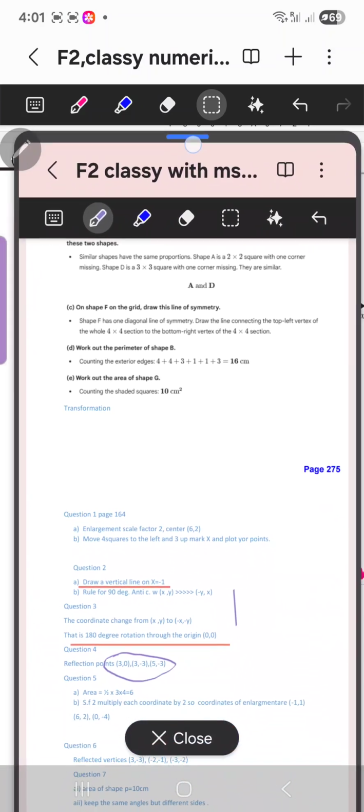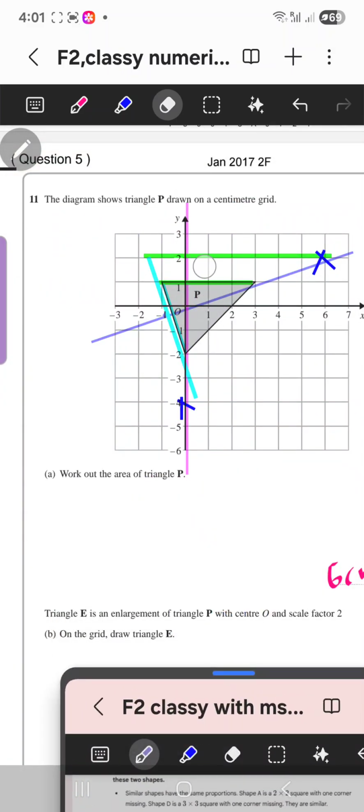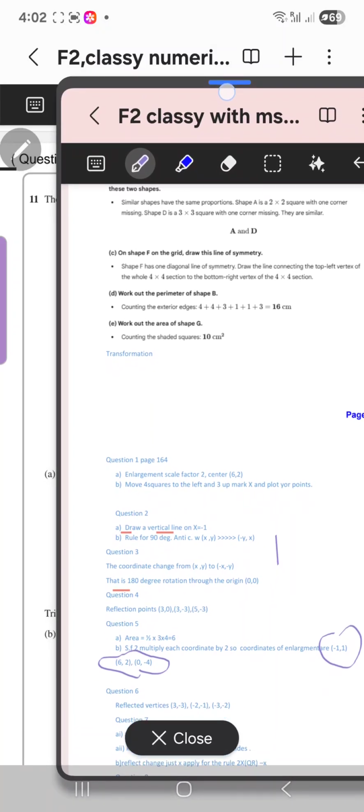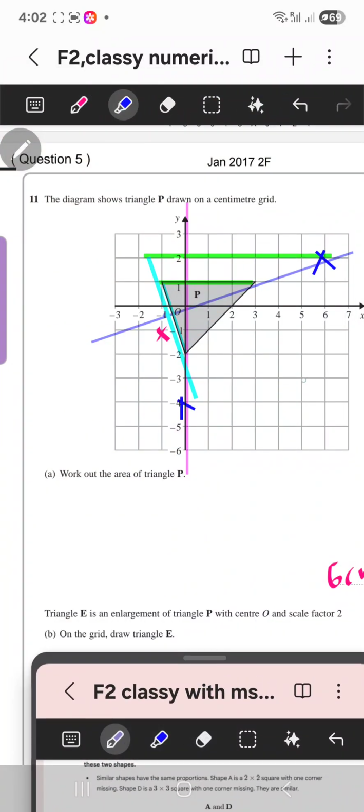Yes, that is question, not this one, this one, and we can check our answers here. 6 2 and negative 1 and 1 and negative 1 1 here, negative 1 and 1 here. So we can check our answers here.